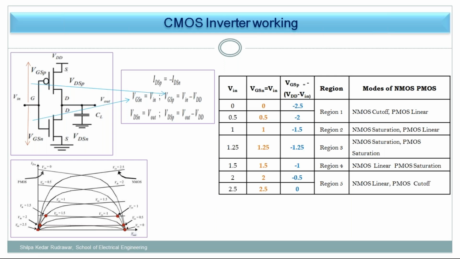So that's why here we have written Vin as 0, 0.5, 1, 1.5, 2 and 2.5. And when Vin is 0, what is my VGSP? It is minus 2.5. Just think, if input is at a more negative point, it is in saturation, meaning current is very high.